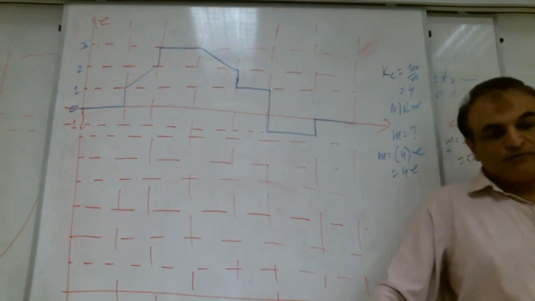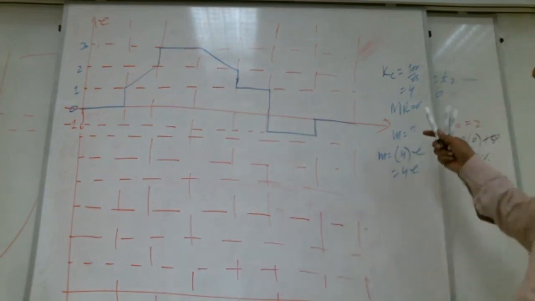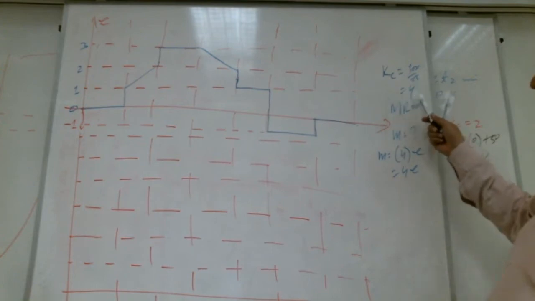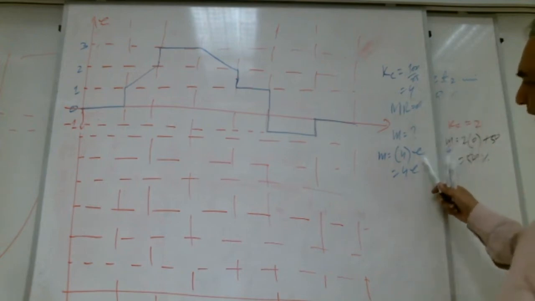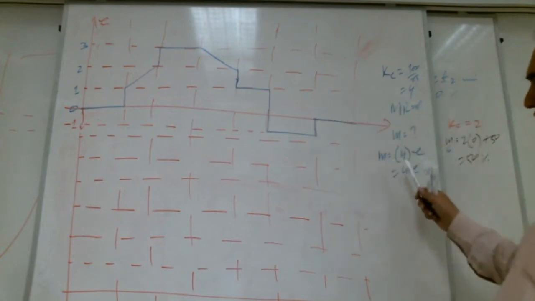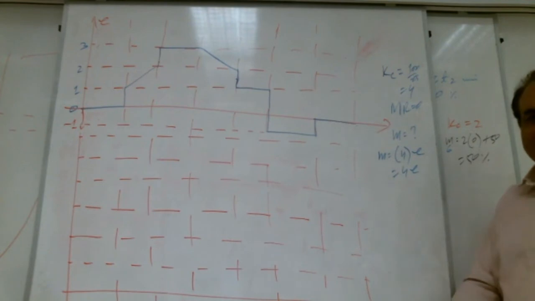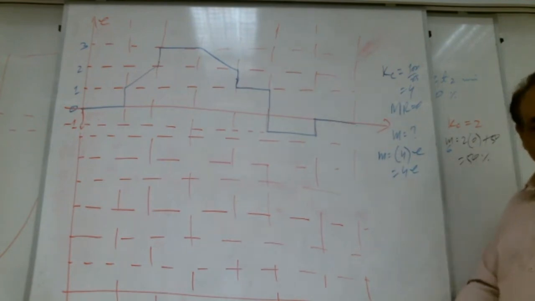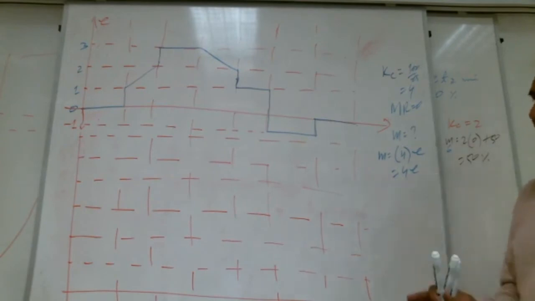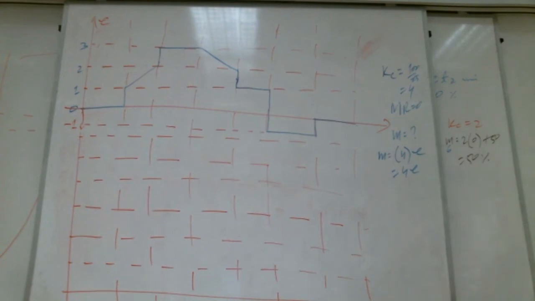So are you with me? Yes. Just one gain is given. The error is given like this, so output is 4E. What does 4E mean? It means 4 multiplied with the error. Wherever the error is there, multiply with 4.